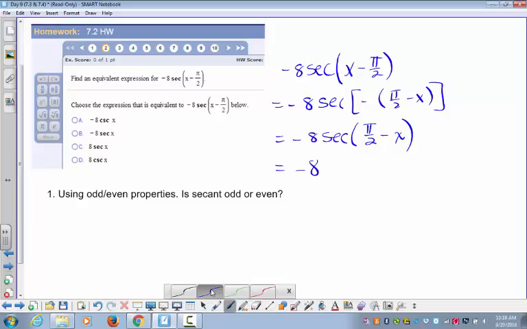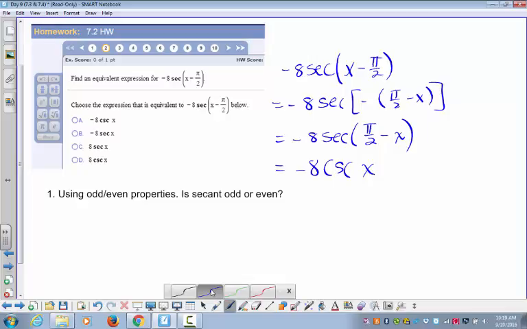Very important. So now we're in this cofunction of complement stuff. What's the cofunction for secant? Cosecant, not the reciprocal. Right, the reciprocal is cosine, but the cofunction, secant and cosecant, those are the cofunctions, and the complement is just x. Right?